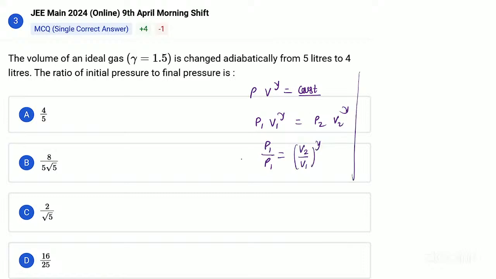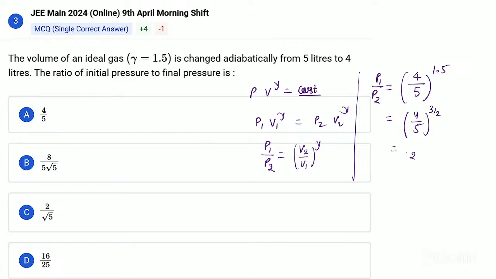Now, what is P1 and what is P2? We have to calculate that ratio, initial pressure to the final. So we kept it aside. Now V2, which is the final, is nothing but 4, and V1, the initial, is 5, and gamma is given as 1.5. Now just mathematics here, 1.5 we can write as 3 by 2.